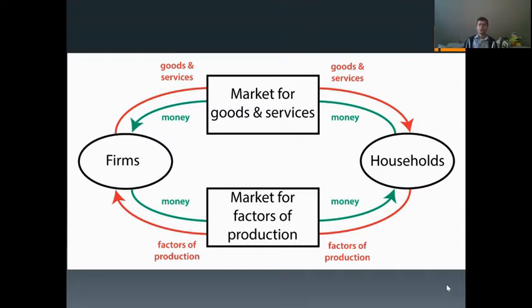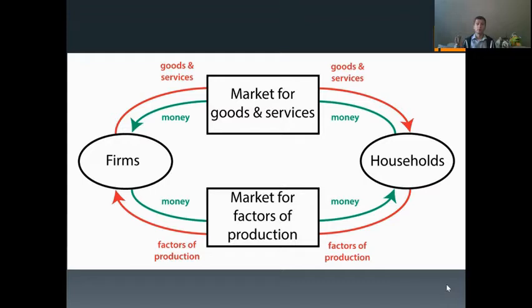And as just sort of an intro to that, here is a graphic that if you take macro is going to be something that you're going to have to understand and study a bit more. For us in this, I just wanted to use it to illustrate the differences between the product market and the factor market. So, in any basic situation that we're going to be talking about, we have had two parties.